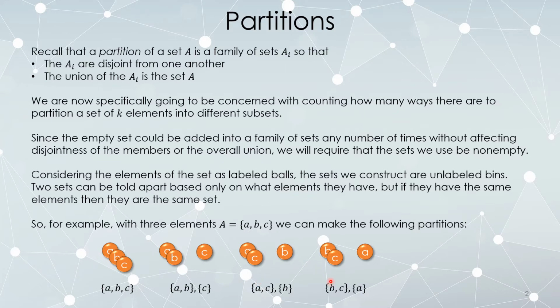It's also different from a two-element set {B, C}. So all of these are different partitions, even though they all are partitions into a set with two elements and a set with one element. Because the elements of those sets are labeled, these are all distinguishable. And this is a whole other arrangement of three sets, each with a single element. So with three elements A, B, C in our set, there are 5 different ways of making a partition.